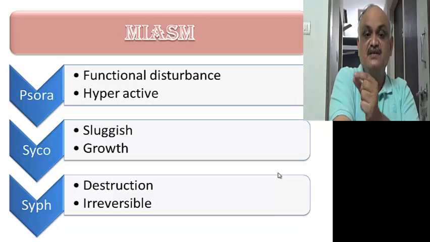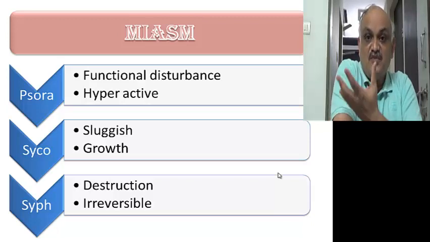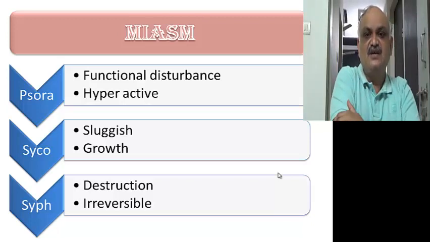If the disturbance is allergic, then you have to select the psoric remedy. If it is a lot of discharges and sluggishness and something related to exudation or growth or accumulation of something, then you can think of psychotic miasm, like Pulsatilla or any psychotic remedy, Medorrhinum.